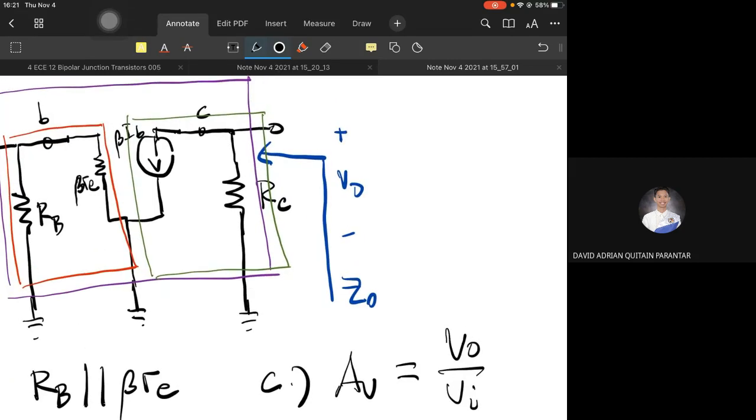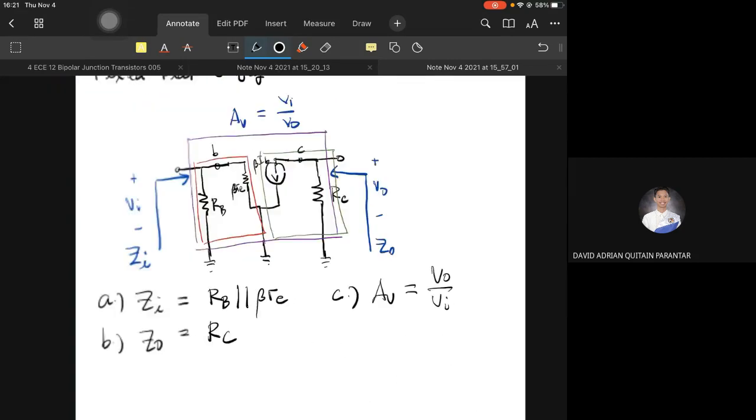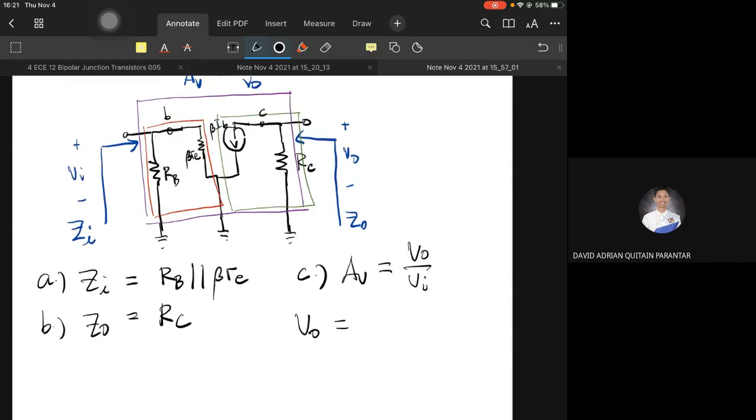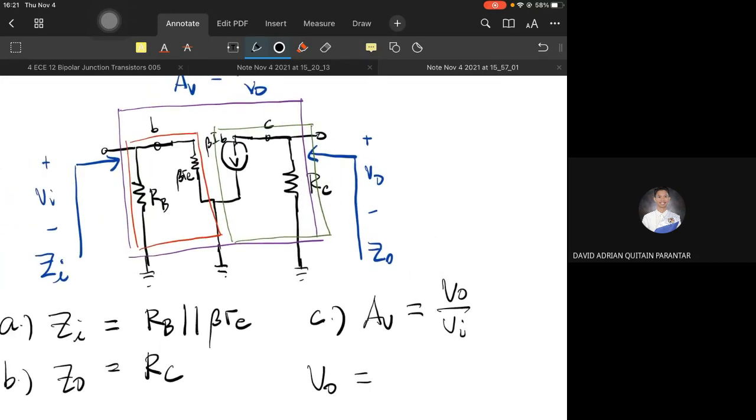First we compute VO. Once we get the expression for VO and the expression for VI, we just divide the two, and we get the formula for voltage gain.